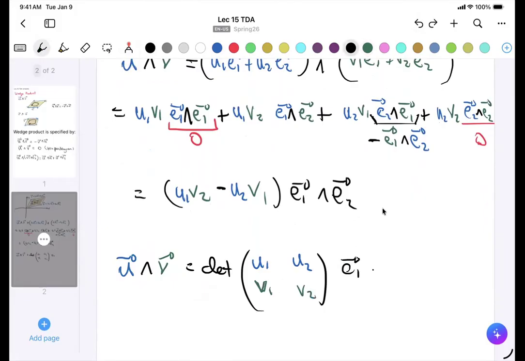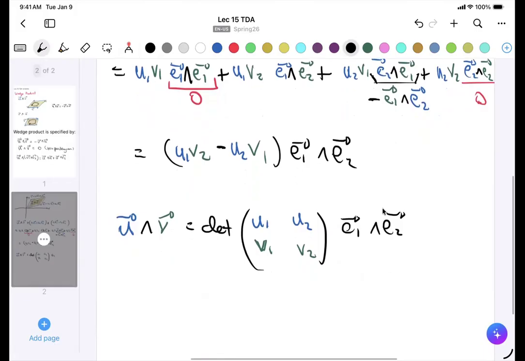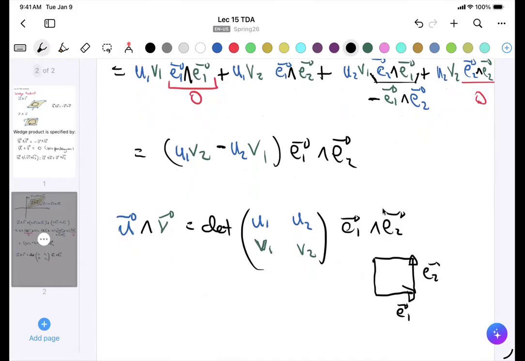And what is E1 wedge E2? That's the standard unit square on the XY plane. That is literally a square, this is the square E1 wedge E2, right? So that is what this corresponds to, the unit square.